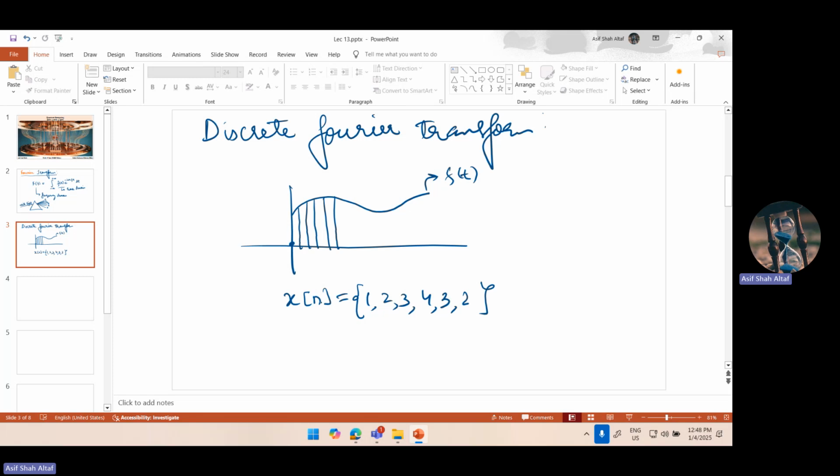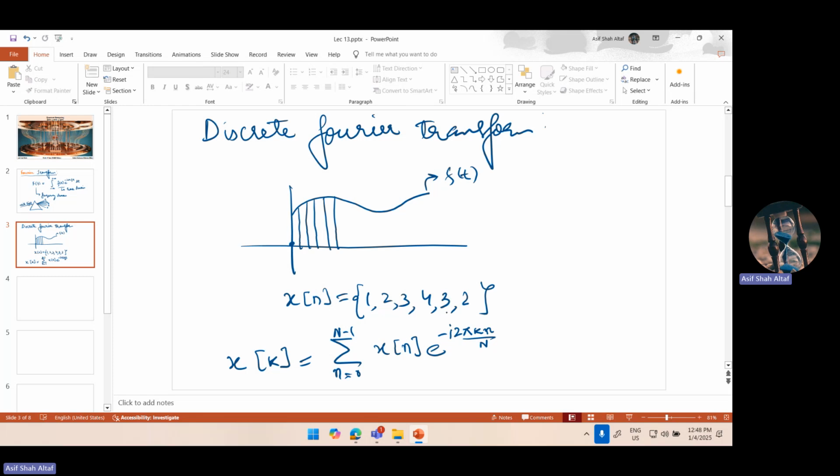Once you have the discrete form of the signal, then the Fourier transform is given as this, where k is the index for the frequency domain sample, n is the index for the running summation, and this big N is the total number of elements of x of n.